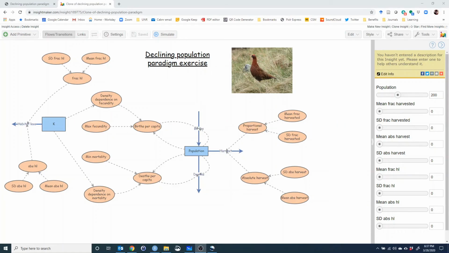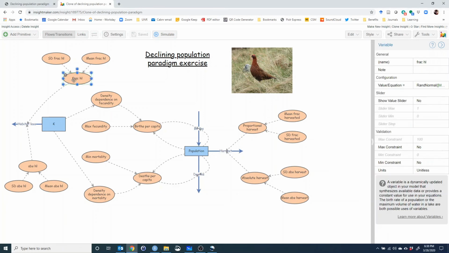And let's return now to this playground and Insight Maker for exploring the impacts of deterministic processes that can cause large populations to become small, like harvest and habitat loss. We've already looked at the harvest process in some detail now, so let's move on to the habitat loss process. Just remember that we're modeling habitat loss as a decline in carrying capacity over time, either a certain fraction of carrying capacity lost each year, or a certain number of individuals that the habitat is capable of supporting is lost at a fixed rate per year.